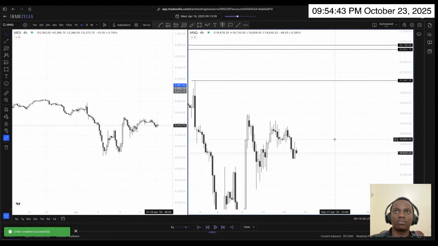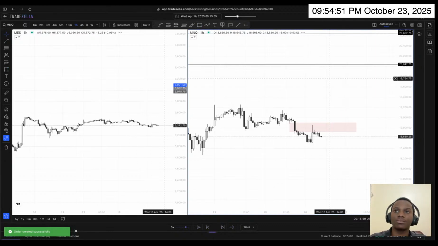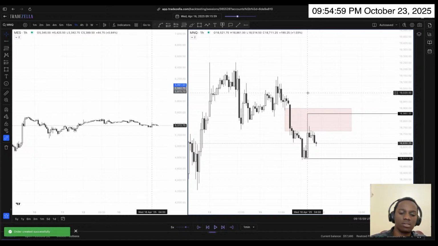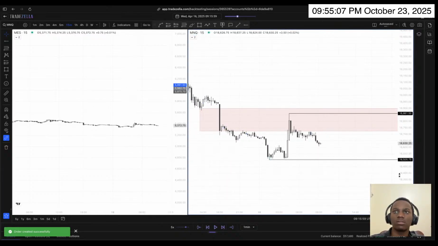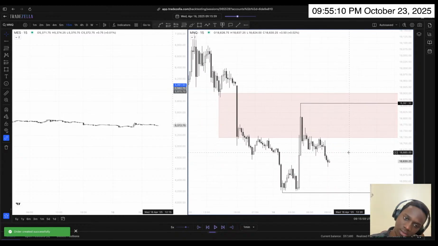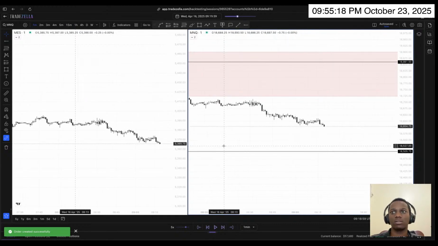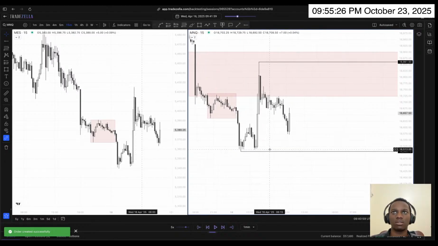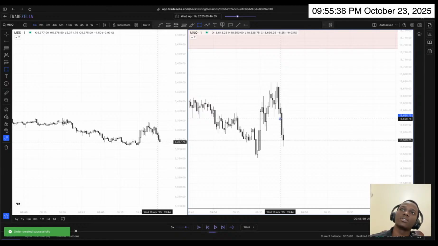No, the 4 hour could potentially show us some bearish movement like this. Now here is the first presented gap.